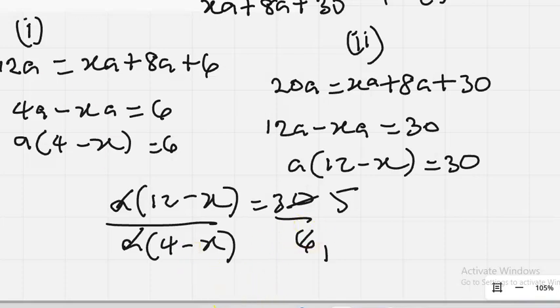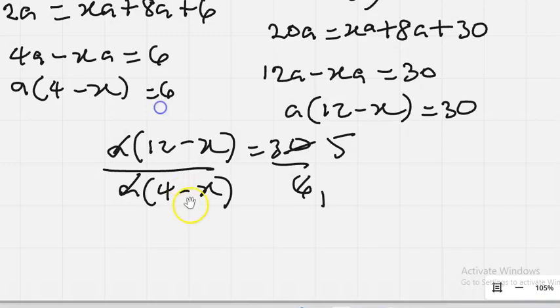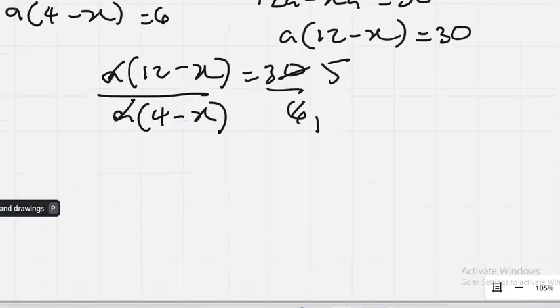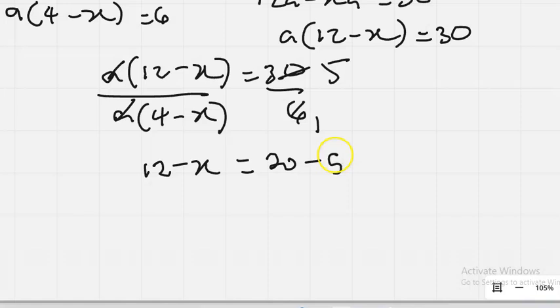So let's go down. Cross multiplying, we have 12 minus X equals 5 times 4, 20 minus 5X.